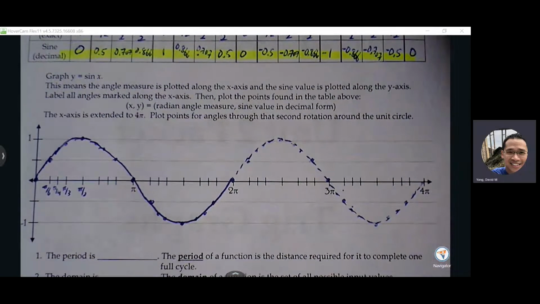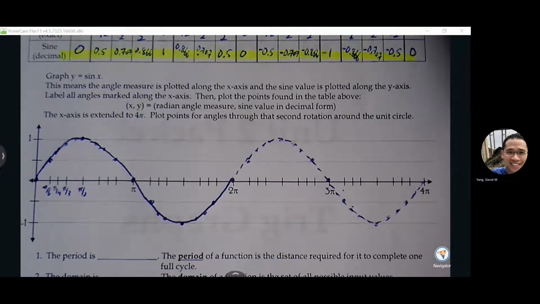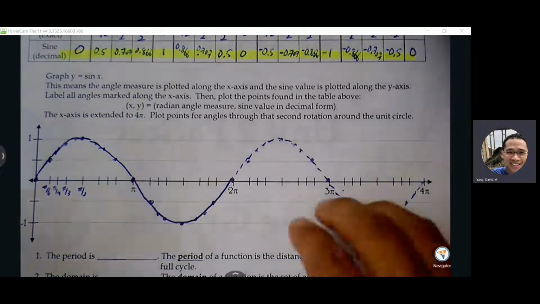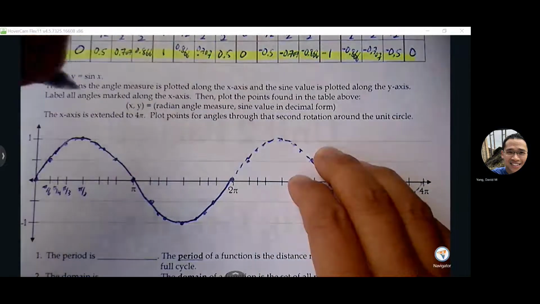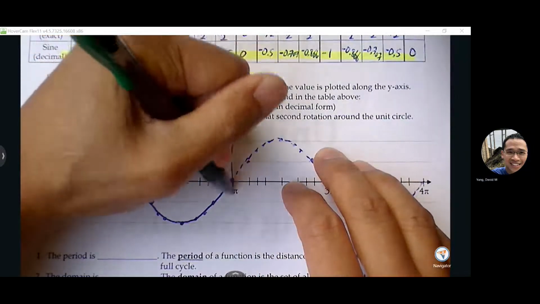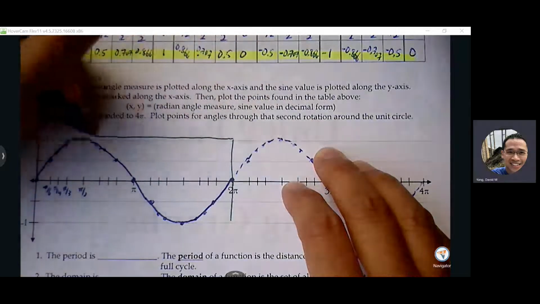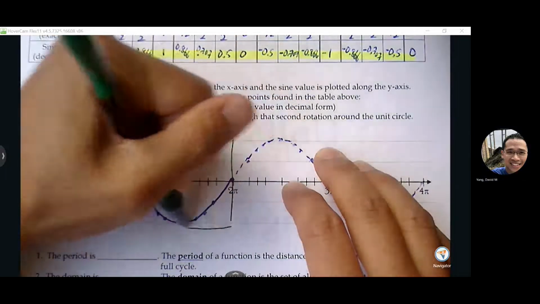So on and so forth, right? If we keep going, it'll keep repeating. So we call this from 0 to 2 pi one period or one cycle.